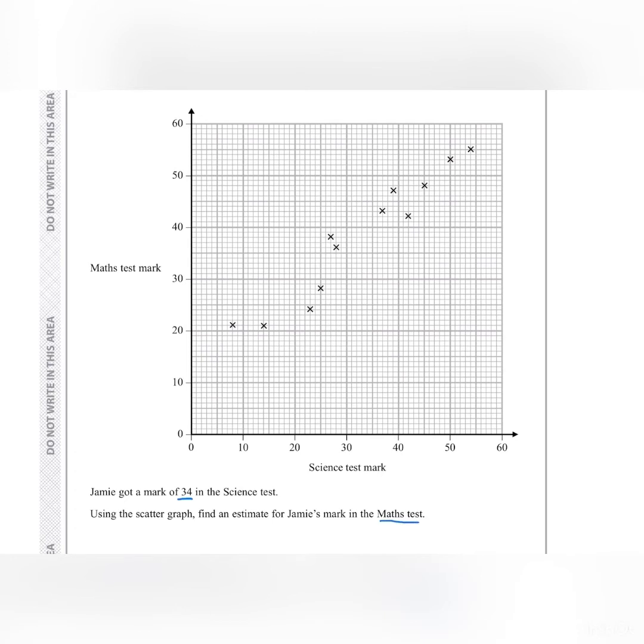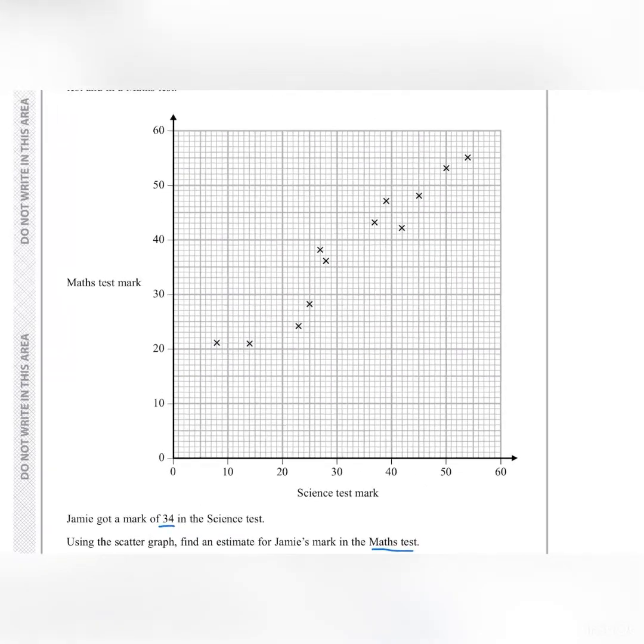A scatter graph shows a correlation between two sets of data, and we can figure out the answer by drawing a line of best fit. A line of best fit approximately goes halfway between the points, with half the points on either side of that line, and it follows the general trend, the correlation of the marks.